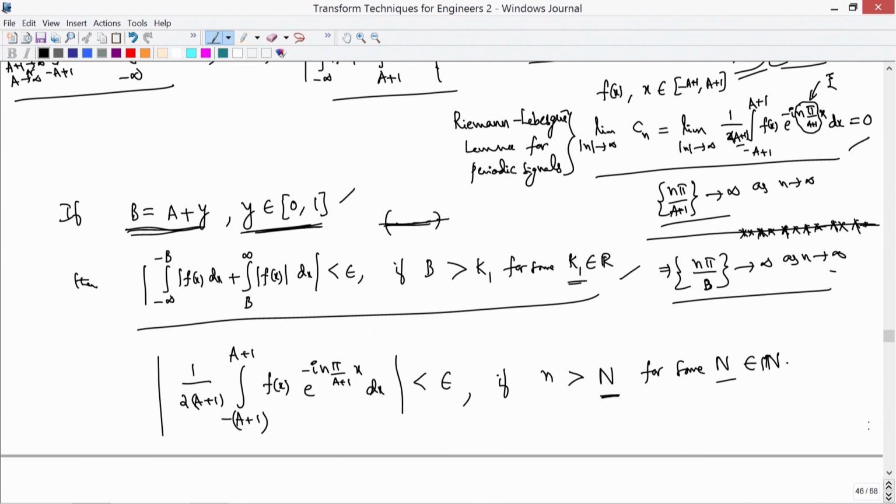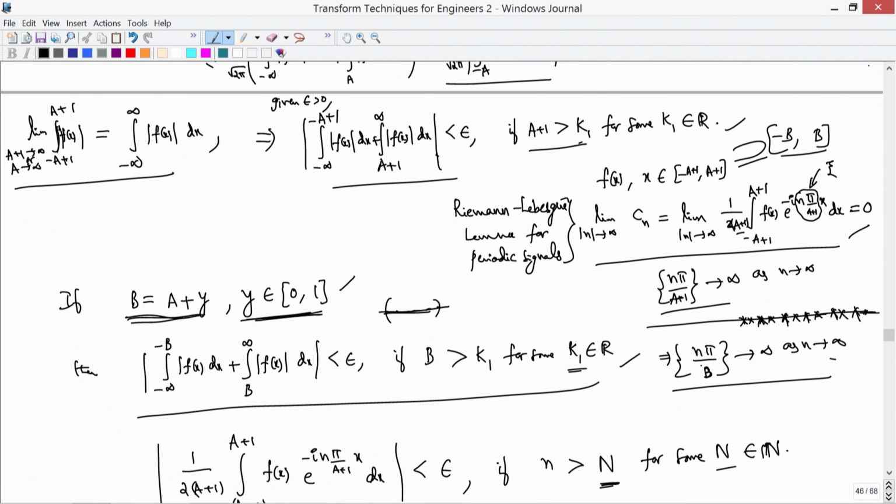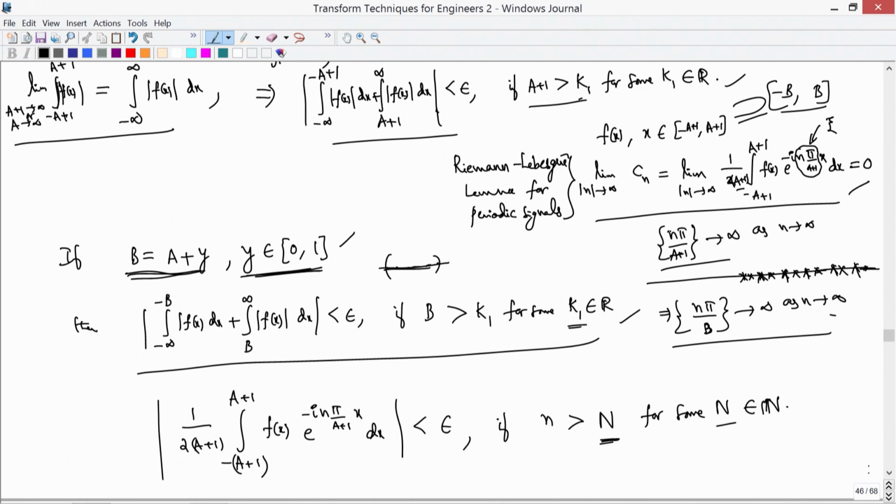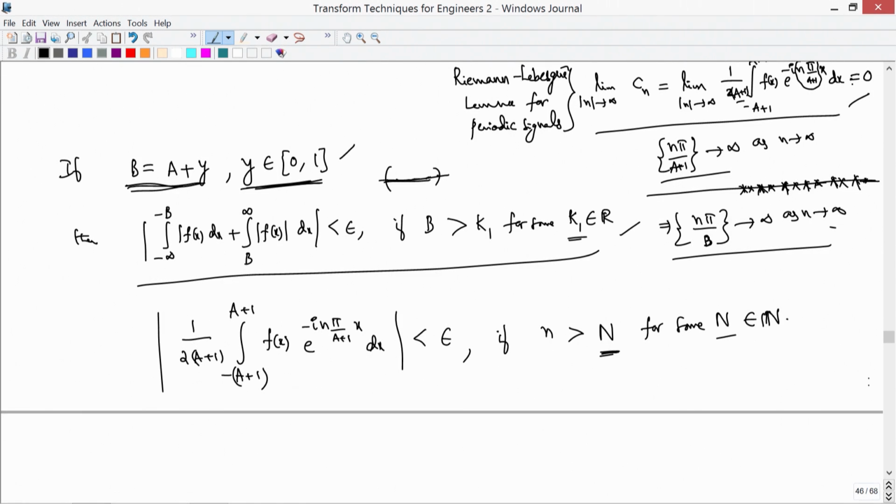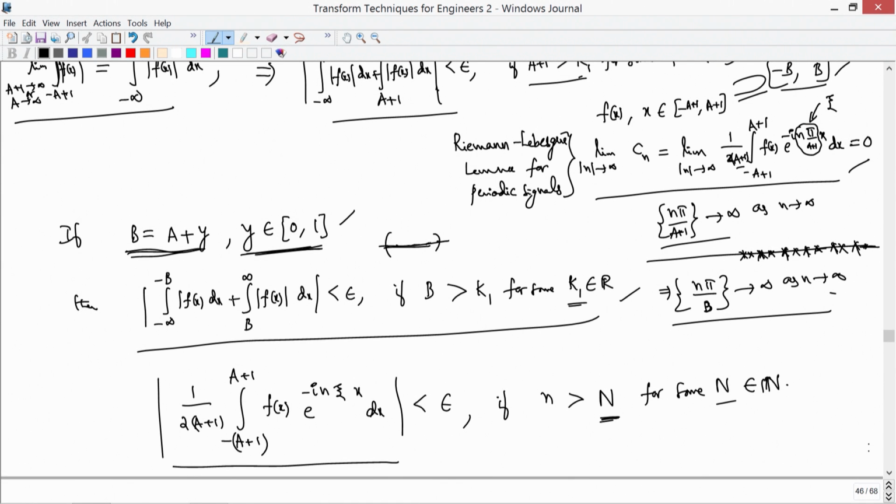The same N which is valid for the interval minus a plus 1 to a plus 1 in this Riemann-Lebesgue lemma is still valid when you choose this one. So this quantity is always less than epsilon whenever I replace this by some xi, and keep the rest the same, okay, then it is still valid.